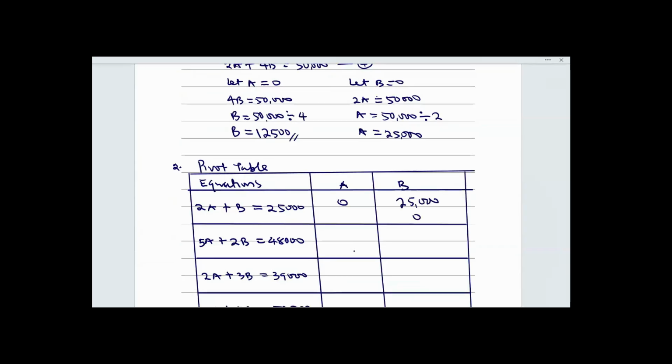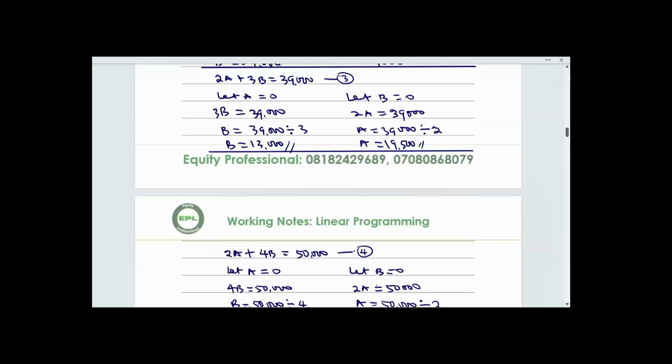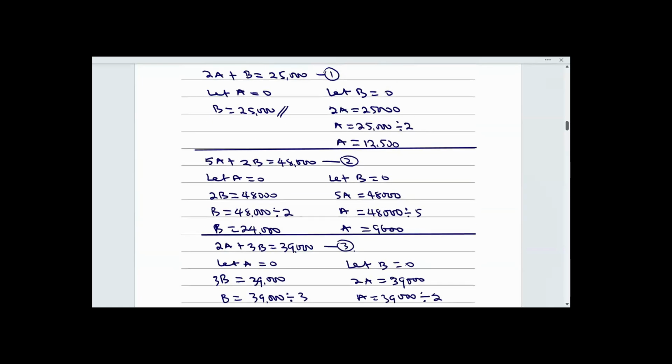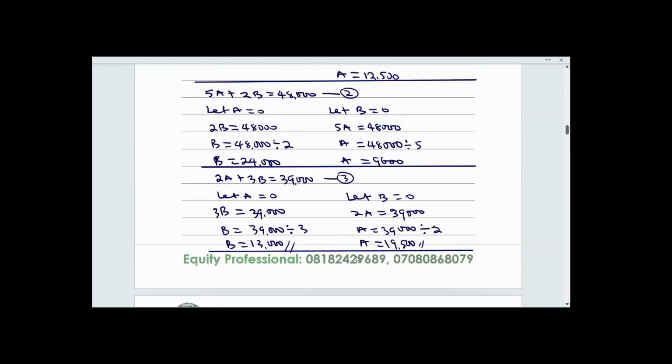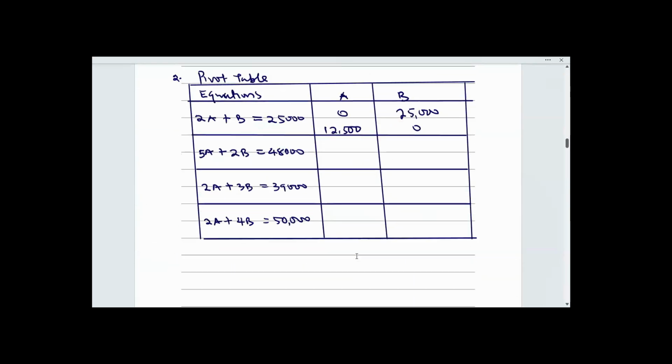When B is 0, A is 12,500. In the second equation, when A is 0, B is 24,000. And when B is 0, A is 9,600.